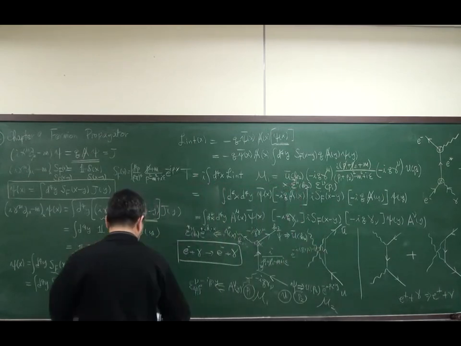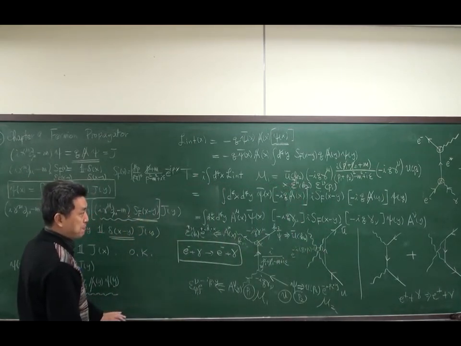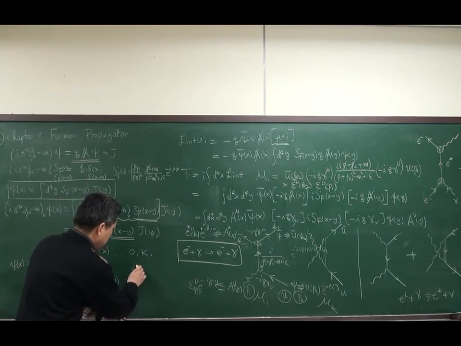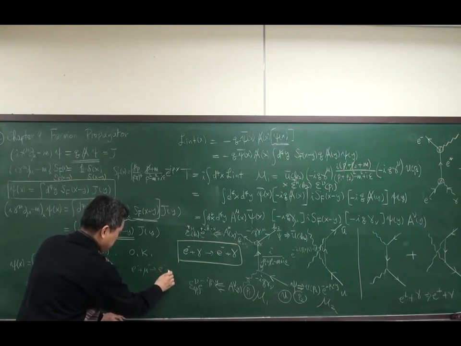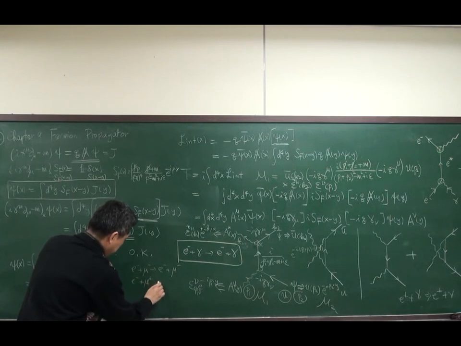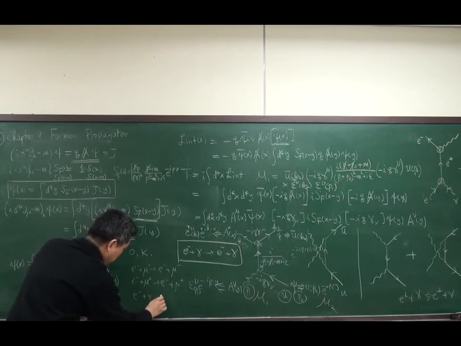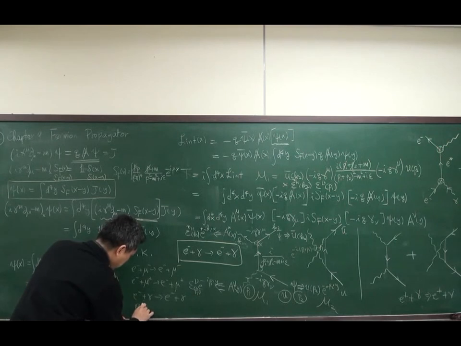We have constructed the invariant amplitude for E minus, mu minus to E minus, mu minus, E minus, mu plus to E minus, mu plus, and now E minus photon to E minus photon, and E plus photon to E plus photon.